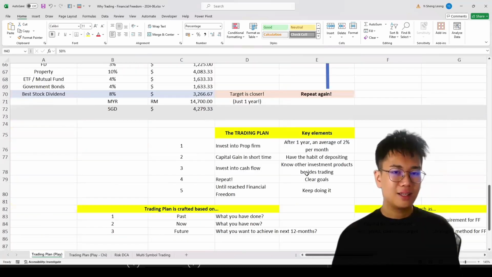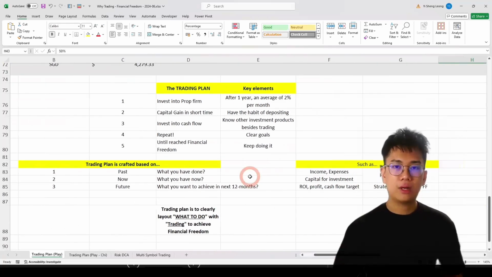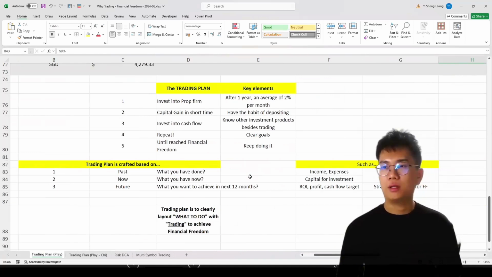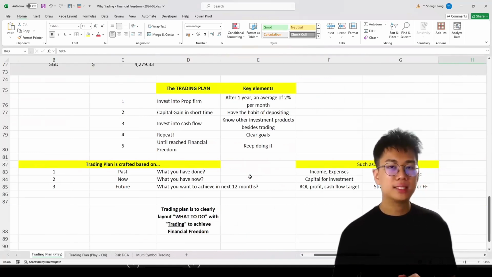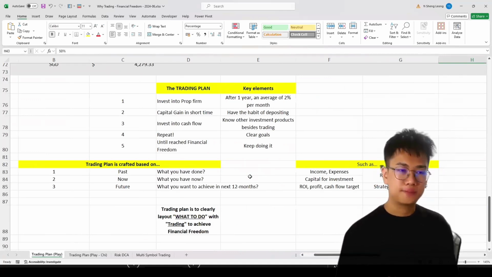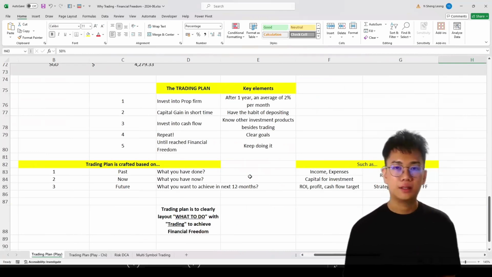Okay. So over here, the point that I want to bring out to you is very important for trading, because I have been seeing that a lot of people have been trading for a long time. But when you ask them, so how did you trade until a million? We don't know. And we don't have a way.